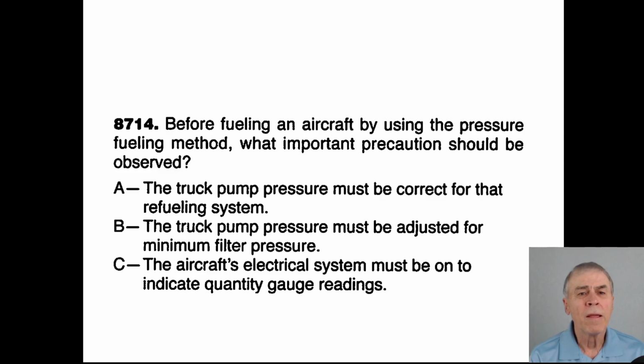Now we didn't talk about that at all, but you can imagine that the fueler that's coming up to the aircraft to fuel the aircraft does not have the aircraft turned on, or even the electrical system turned on, even if the aircraft engine isn't on.